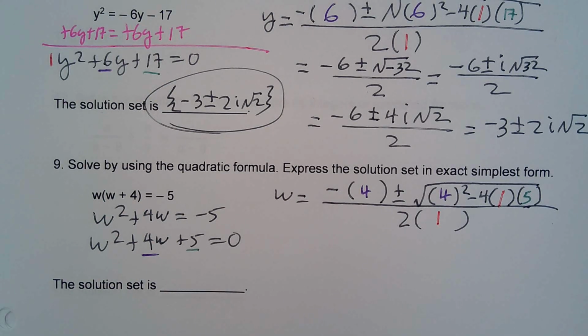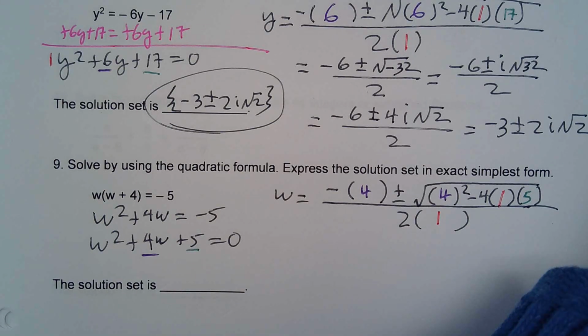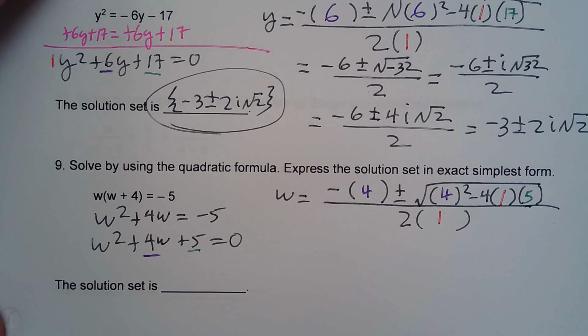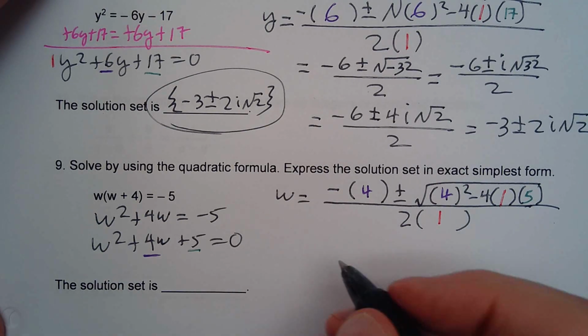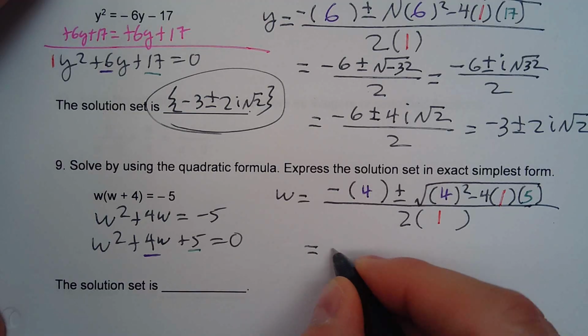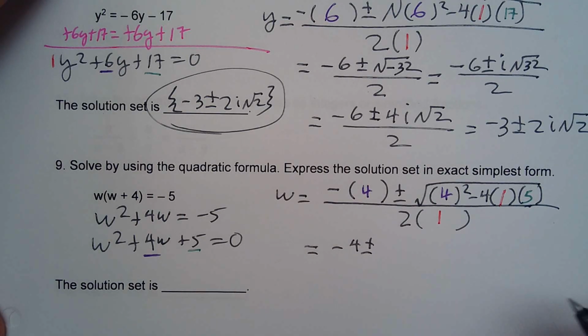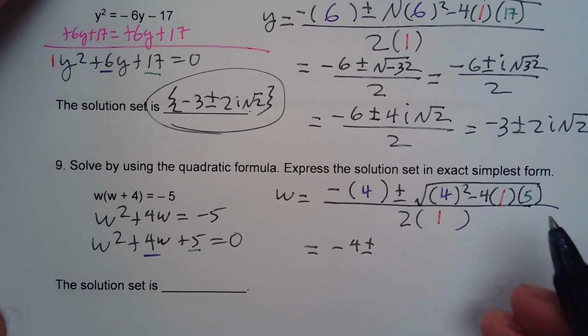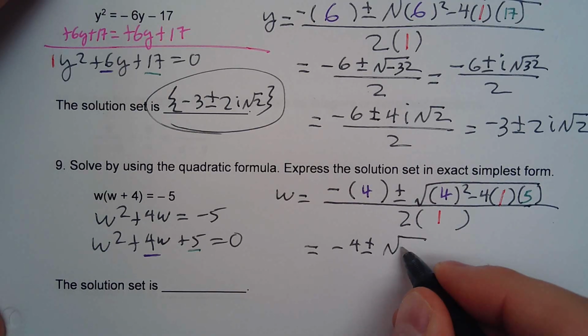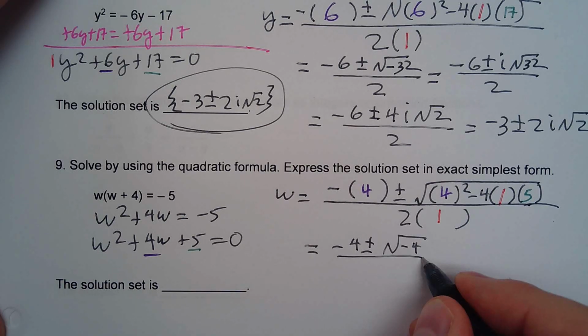So let's see what this gives us. This will give us negative 4 plus or minus the square root of 16 minus 20, which is negative 4, over 2.